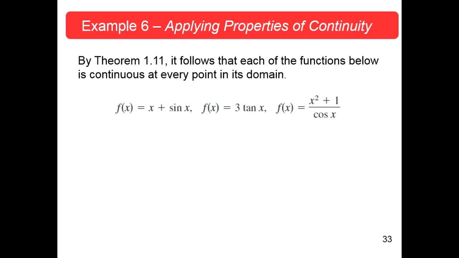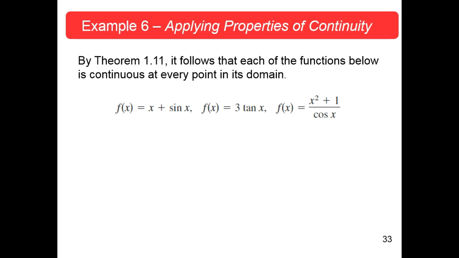Okay? F of x equals x squared plus 1 over cosine x. Is that continuous everywhere in its domain? For sure, because it's a quotient of two continuous functions. The polynomial numerator is continuous everywhere, and cosine is continuous everywhere. But what's the domain of this function? Is that all real numbers? Except the places where cosine x would be 0.